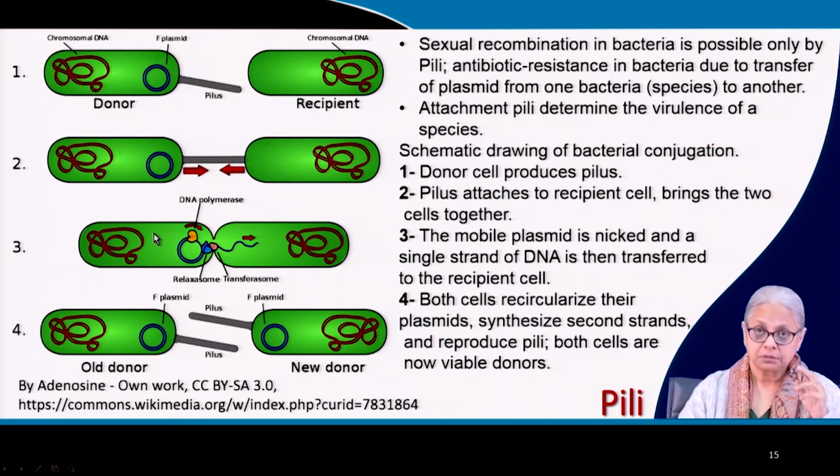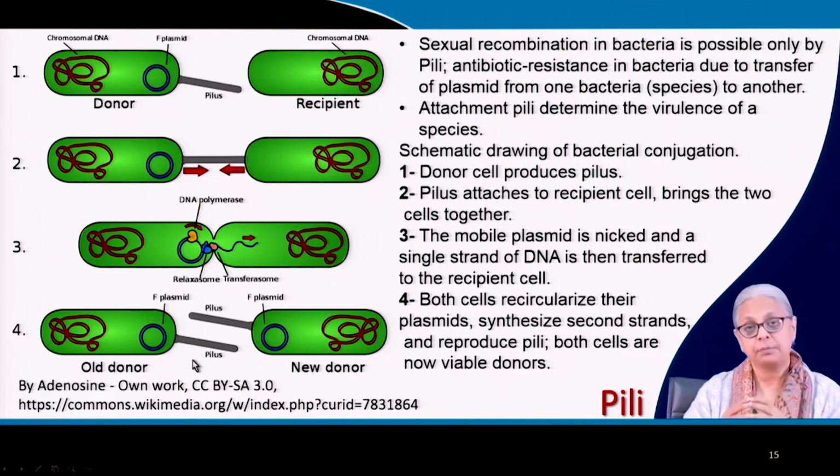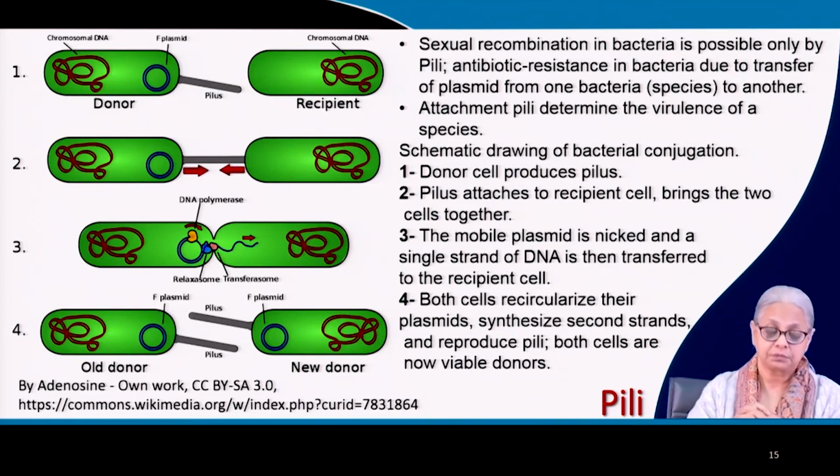The plasmid, which is another smaller strand of DNA which gives the bacteria its resistance to that particular antibiotic, is cut, and it's transmitted to the recipient cell through this pilus. At the end of the process, both the bacteria have a pilus and a plasmid, and both of them have become resistant to the antibiotic to which only one was resistant.